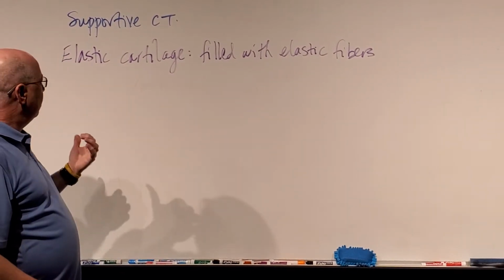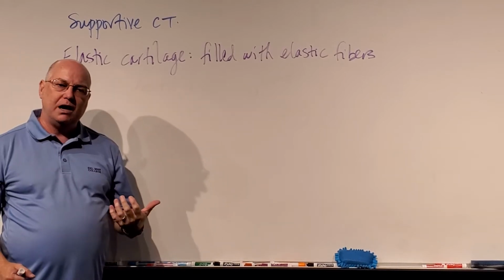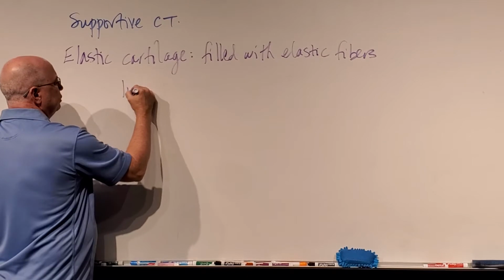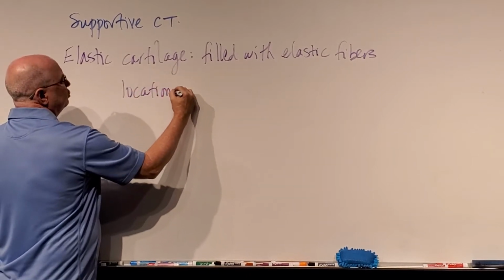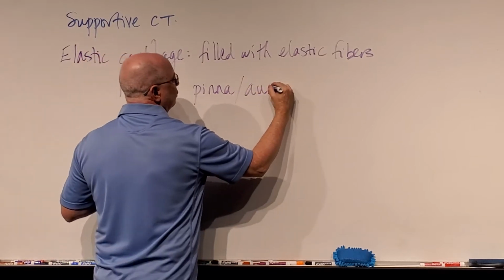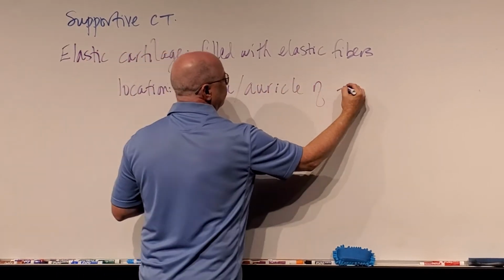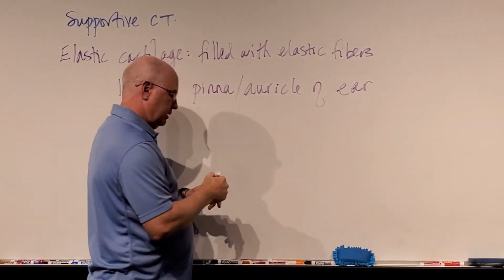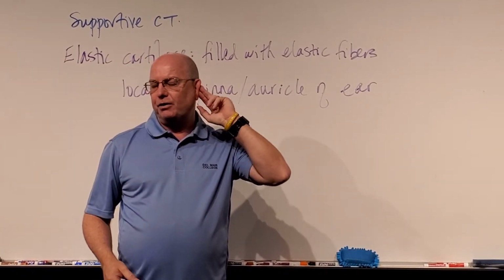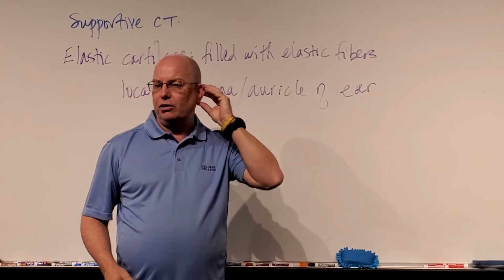We don't have a whole lot of elastic cartilage in the human body. There's only a few locations. One of those locations for elastic cartilage is what we call the pinna, which is also called the auricle of the ear. That's the part of your ear that we think of when we see the ear. This outer part here is called the pinna or auricle.